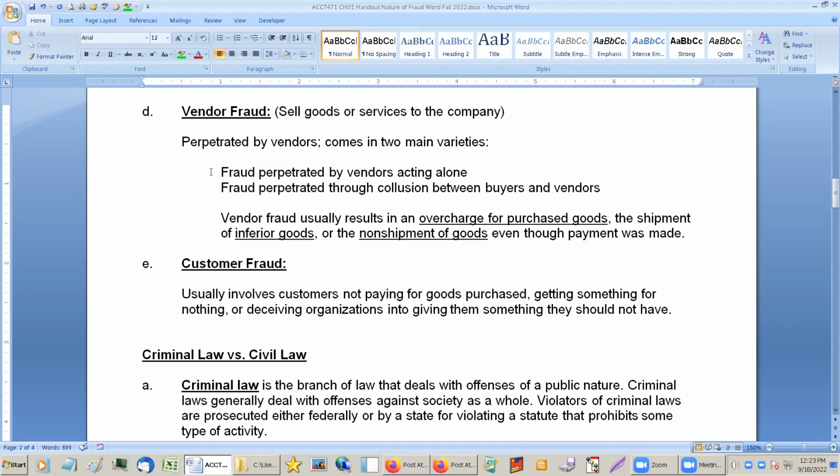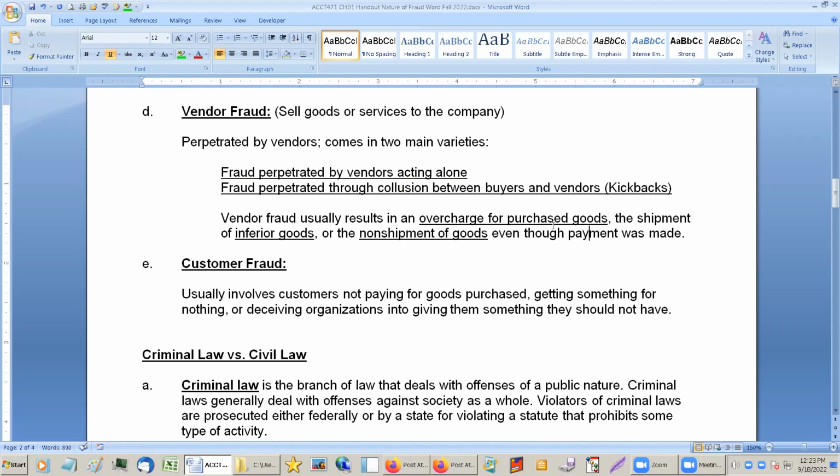One is fraud perpetrated by vendors acting alone, so they're just doing this to the company by themselves. Another way is through collusion between buyers and vendors. So these are things like kickbacks. And let's spell kickbacks correctly.